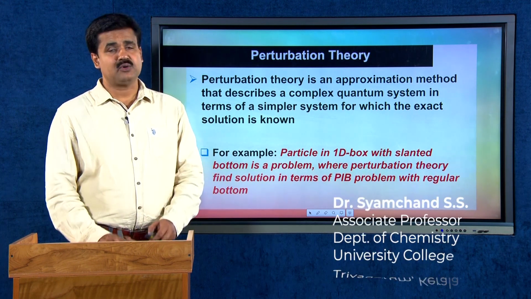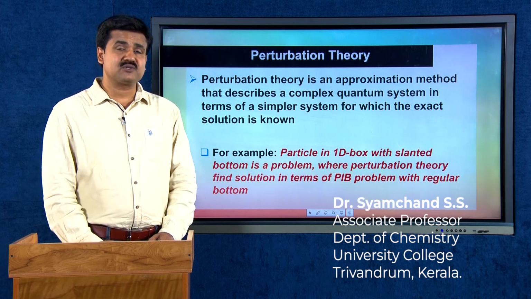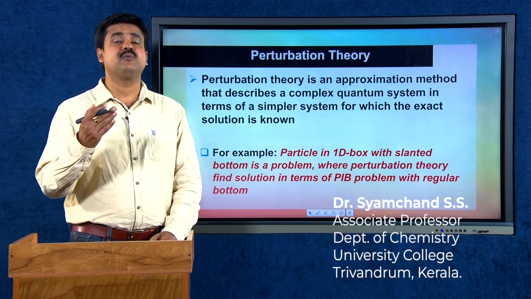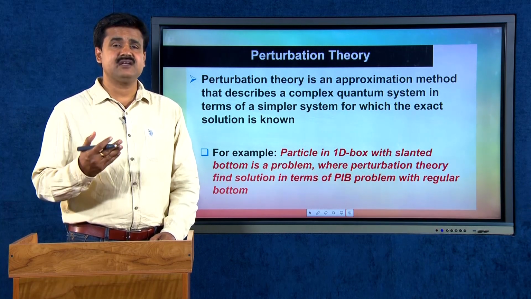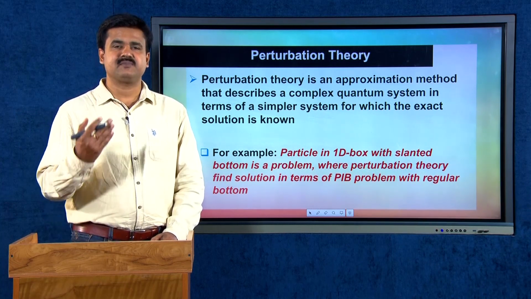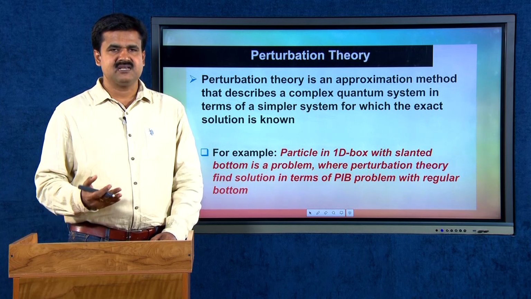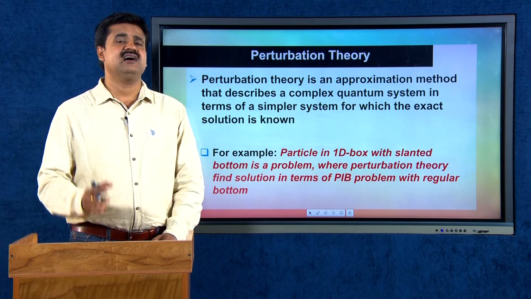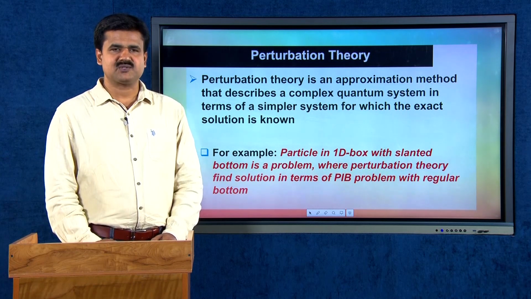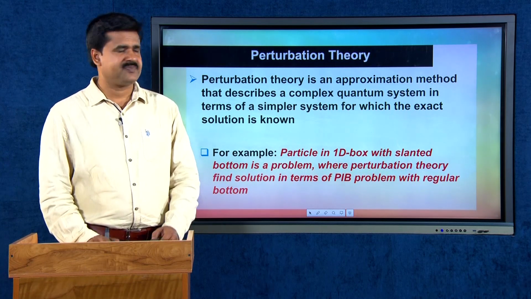We know about two important approximation methods that are commonly used in quantum mechanics. They are the variation principle and the perturbation theory, out of which we covered variation principles in last modules, and the present module focuses on perturbation theory.